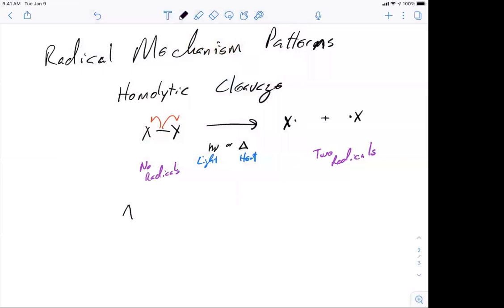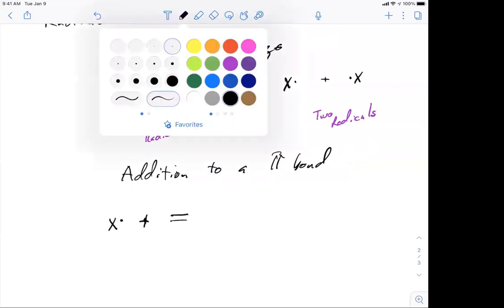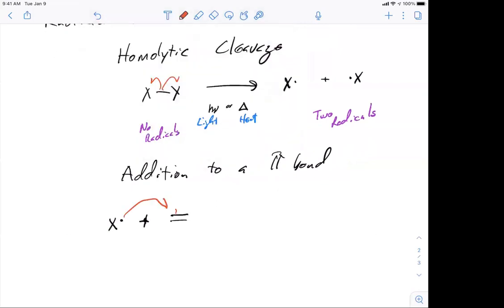Okay, we can have an addition to a pi bond. So, we have a radical, react that with a pi bond. We get our half barbed arrow there.